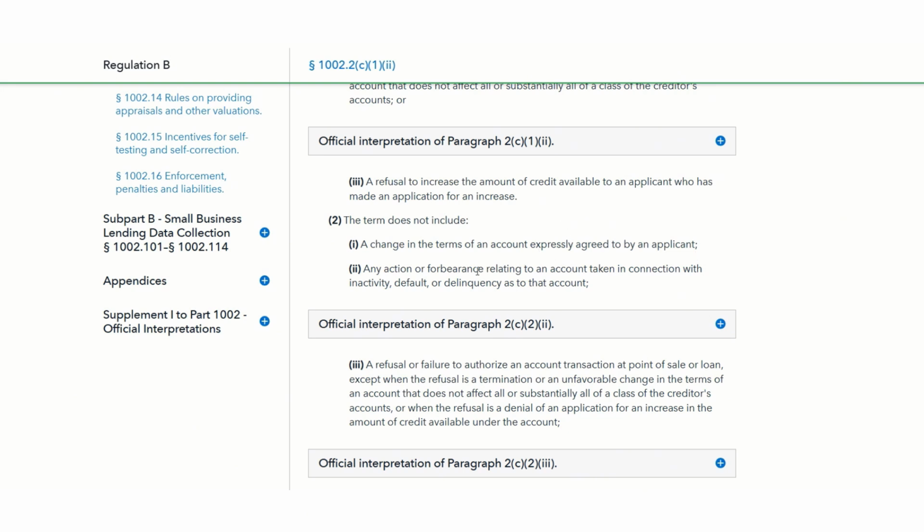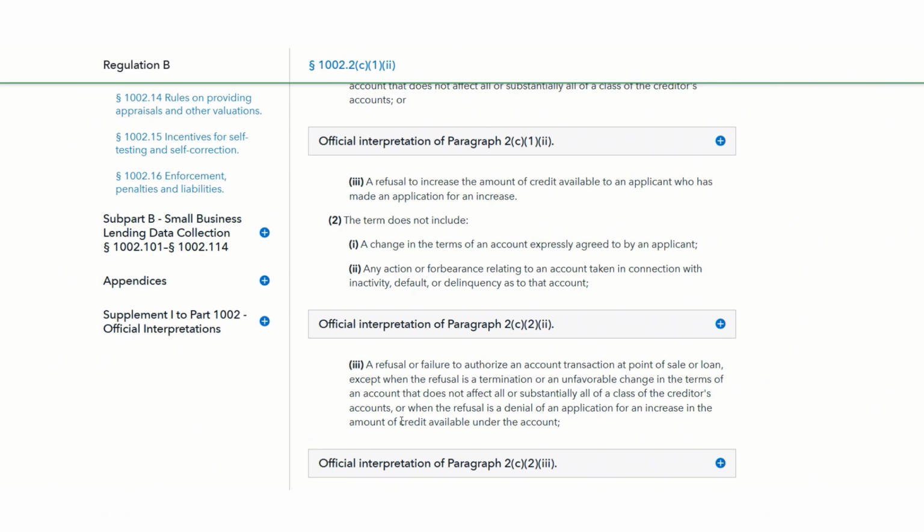Any action or forbearance relating to an account taken in connection with inactivity, default, or delinquency as to that account, a refusal or failure to authorize an account transaction at point of sale or loan, except when the refusal is a termination or unfavorable change in the terms of an account that does not affect all.